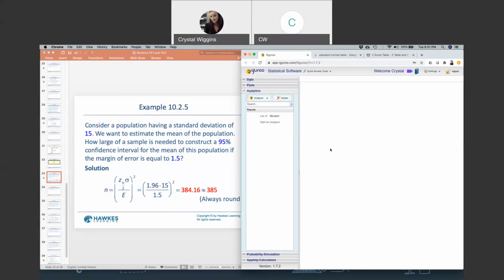Now, if you were doing this in a calculator, let me write out what the steps would be because I can't show a calculator on the screen. So our steps would be that in your calculator, you would want to go to second vars, which above vars says distribution. So second vars, find the button that says vars.